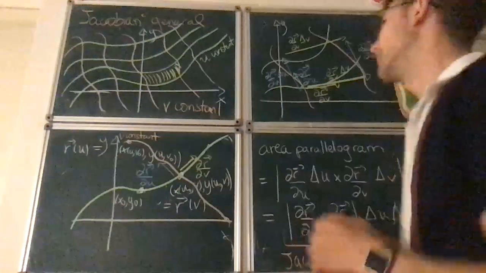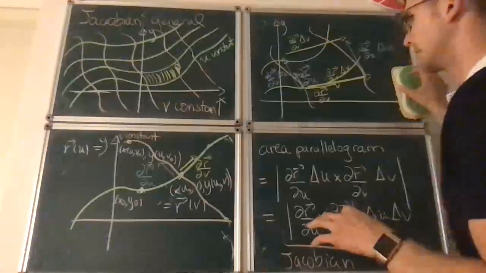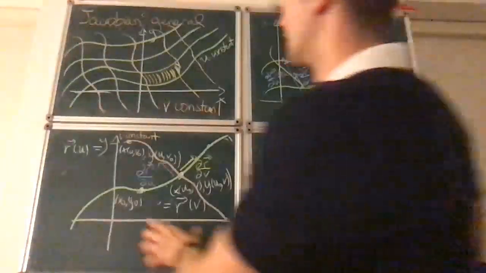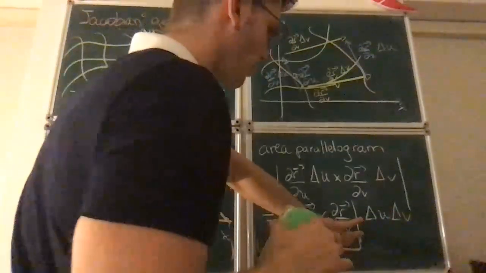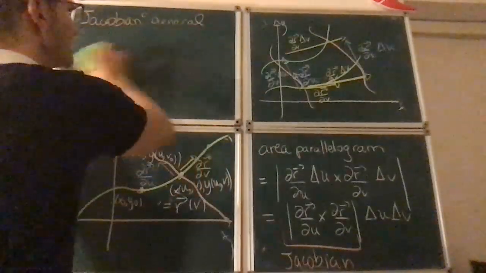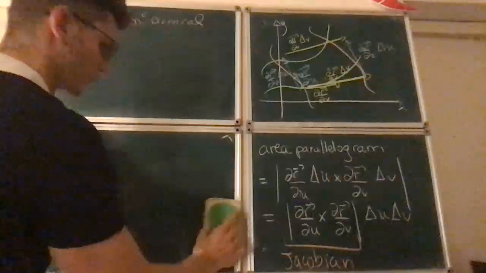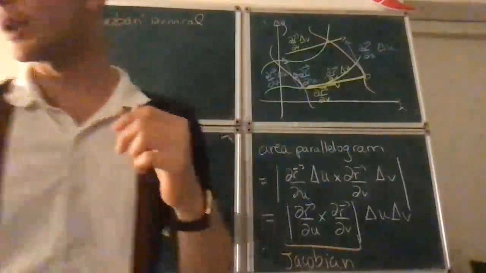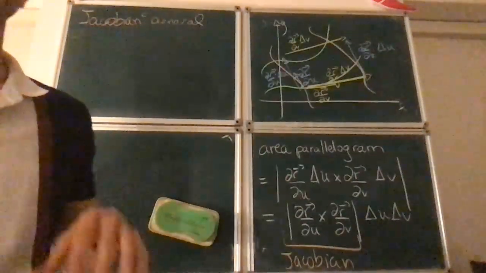In fact, to make it even more of a black box, let me just write this down a little bit more concretely, so that I can just write the formula immediately next time.